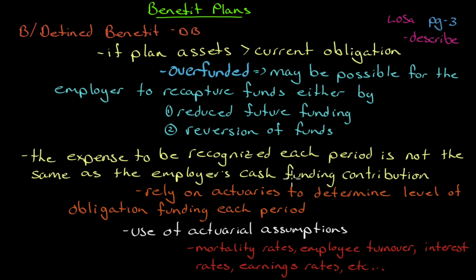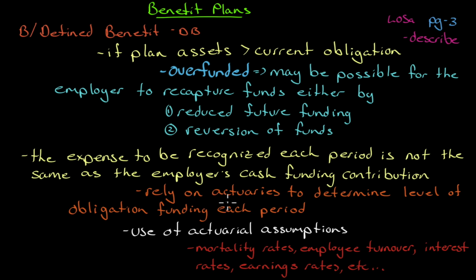That has nothing to do with how I recognize the expense. It's the same here. You're going to have pension expense each year. Beyond that, you're also going to have your contribution that you make towards the plan. And the expense is not the employer's cash funding contribution. They might be equal, but it is not. We're going to revisit that later.